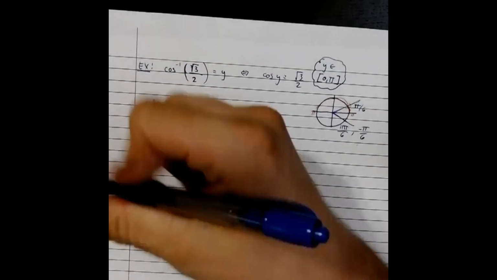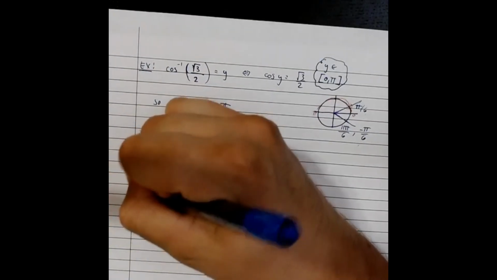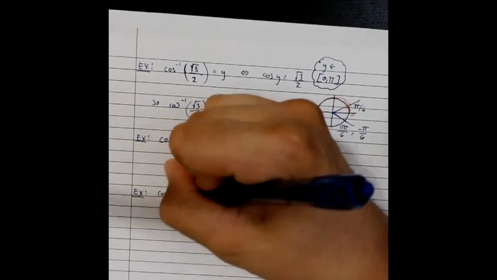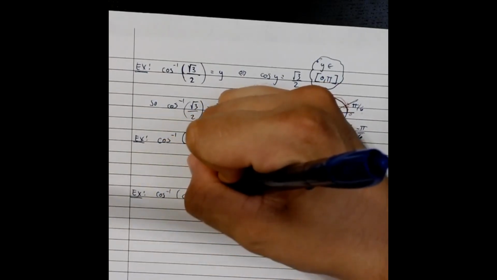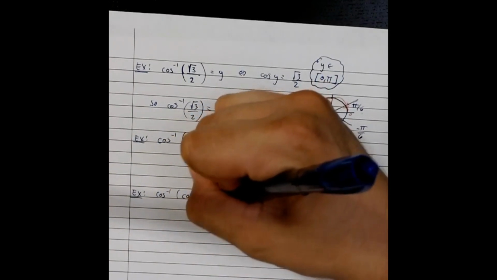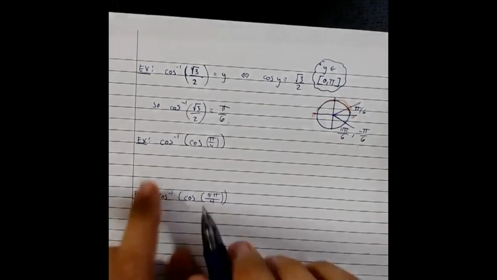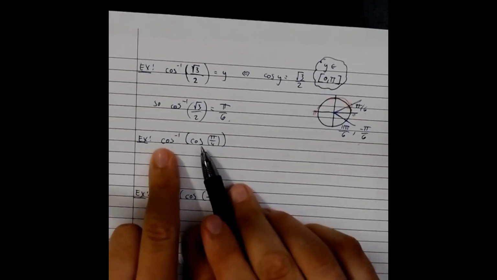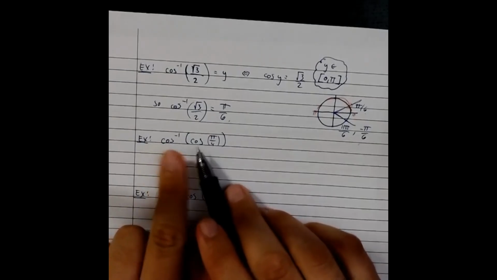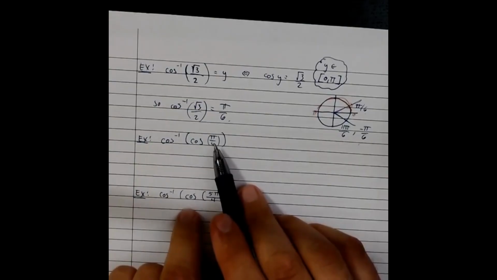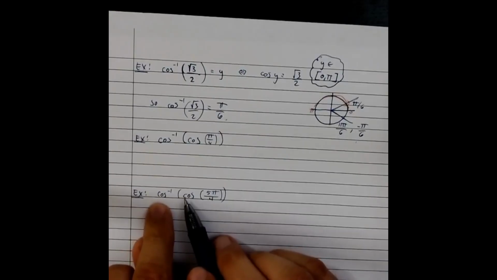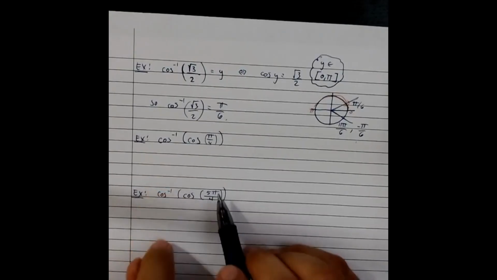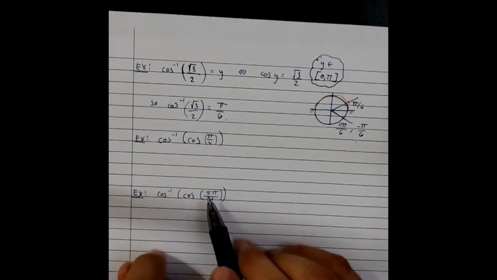I'm also going to do another one: the cosine inverse of the cosine of 5 pi over 4. By our definition, if these two are inverses, composing them should just make everything go away, and I should just be left with that number. Same thing over here. If these are inverses, which I claim they are, I should just be left with an answer of 5 pi over 4.